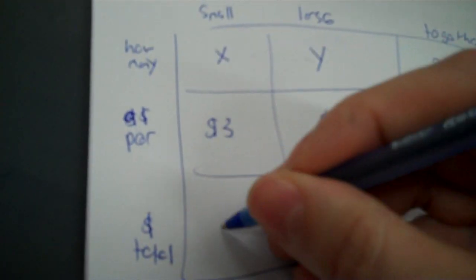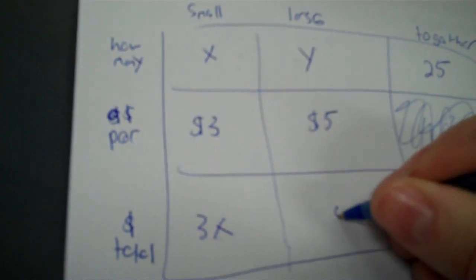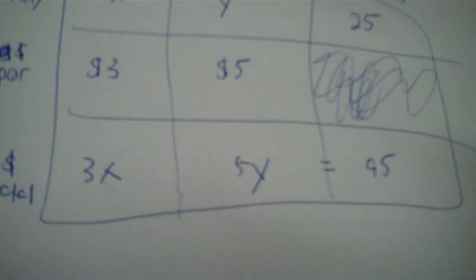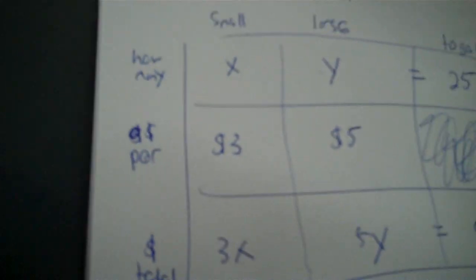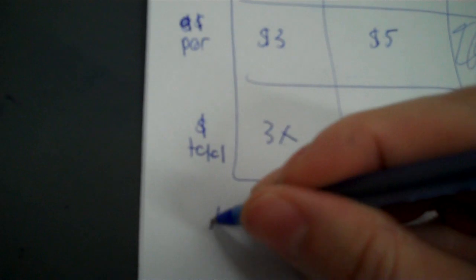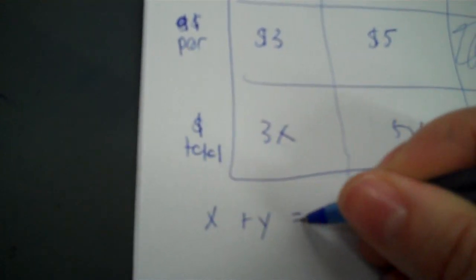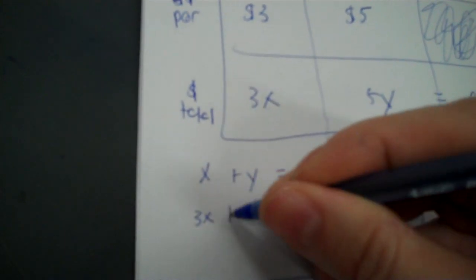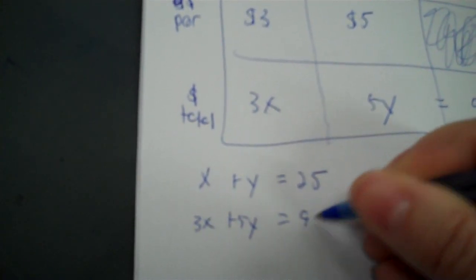So, X times 3 is 3X, Y times 5 is 5Y, so that's the equation. But I need another equation to go with it because there's an X and a Y, and that comes from up here. So I make a cross, kind of like the 4 boxes. On the top part I write X plus Y equals 25. And then the bottom one I write 3X plus 5Y equals 95.